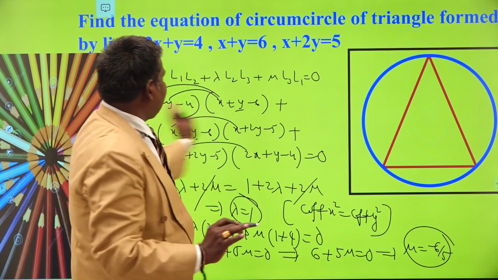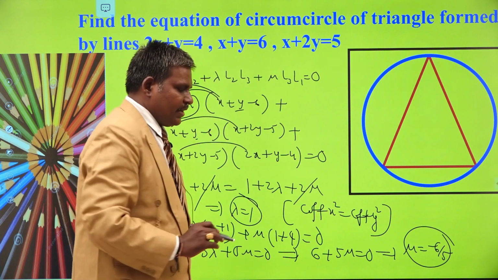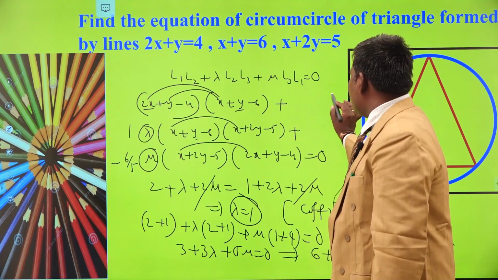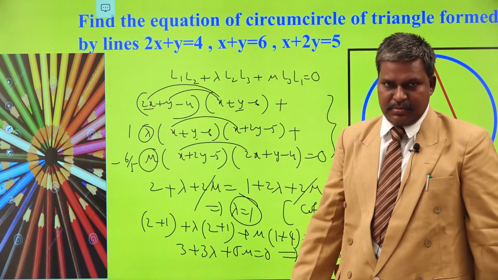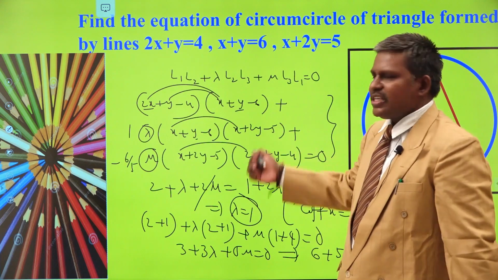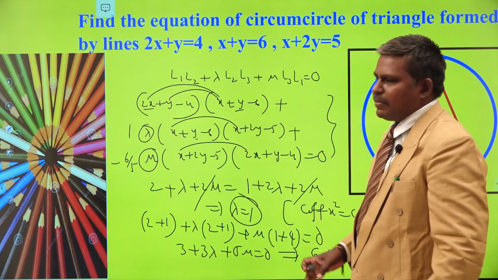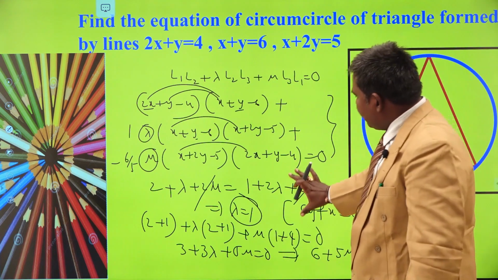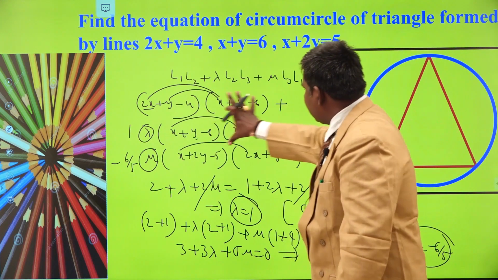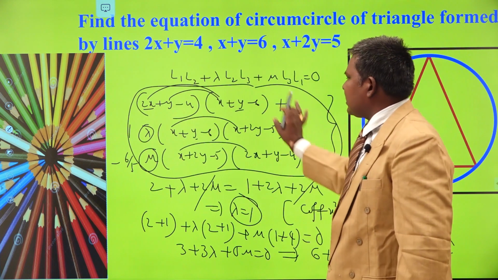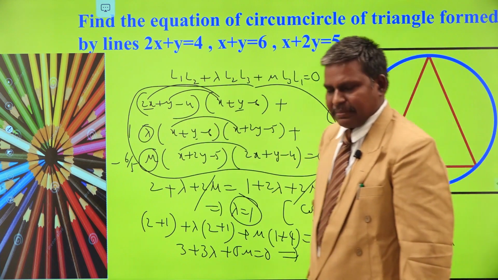Just cross multiplying and multiplying each and every term, we get the required equation of circle. The difficulty is only the expansion. Lambda and mu are obtained very simply. By substituting the lambda and mu values in this equation itself, expanding the entire thing will take a little bit of time.